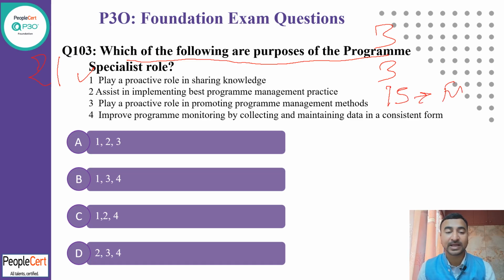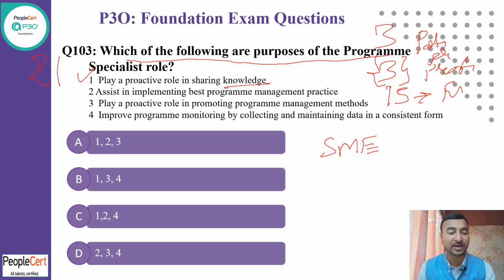Out of that they ask about the program specialist, which falls under the portfolio office director, program or project specialist, and program and project officer. Let's understand: the program or project specialist is the subject matter expert who is responsible for creating awareness, consulting, knowledge sharing, and all that. So option A, play a proactive role in sharing knowledge.